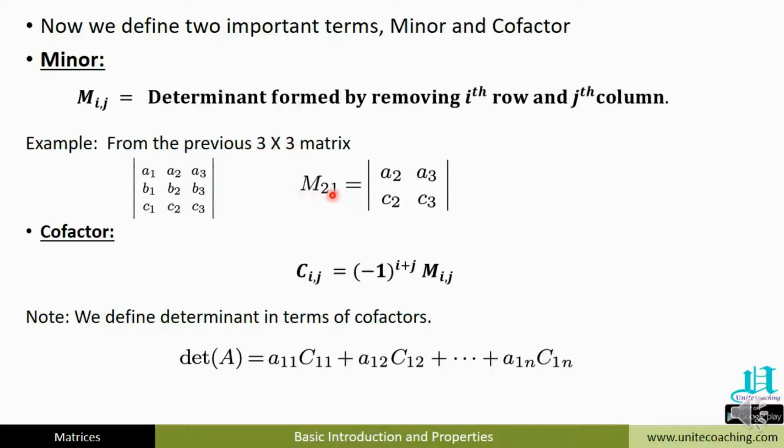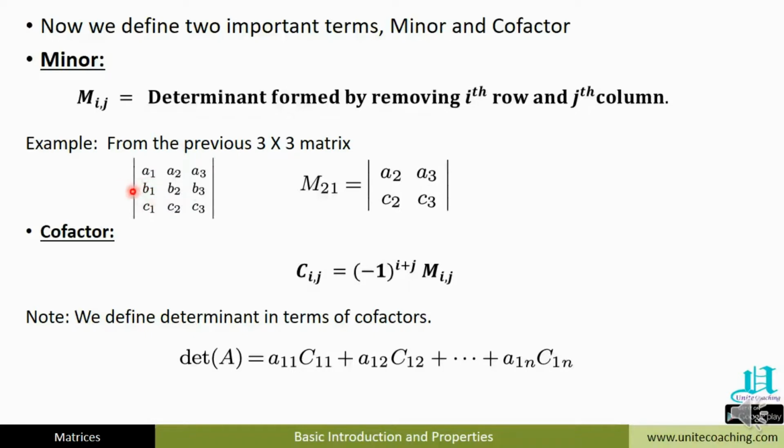So how do we find M21? First look at what this element 21 is. This element 21 is this element b1, that is the element present in this second row and this first column, right? So now we want to find the minor for this element.